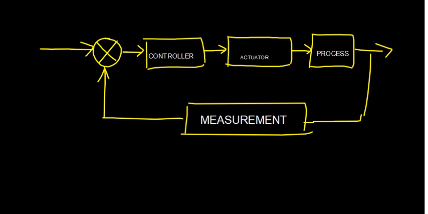Right. So you would have some kind of output here. Here the measurement, right? And here you will have something called the set value, as all of you must be very much familiar with. And here I have the actual value, right?